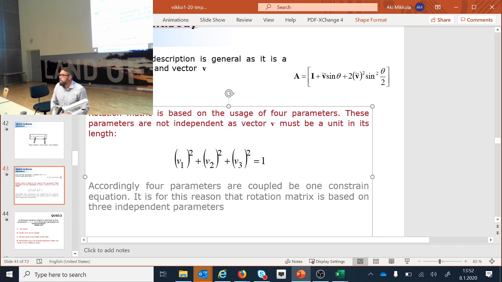Now, when I select another description of rotation in 3-dimensional space, another one based on 4 parameters, there is always another constraint, maybe in a slightly different form, but they are not free to move however they want.